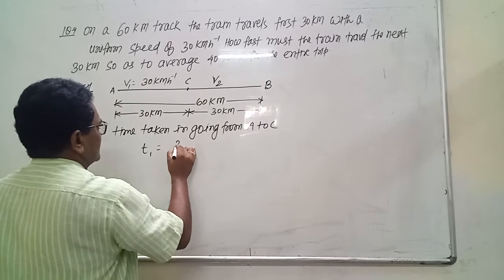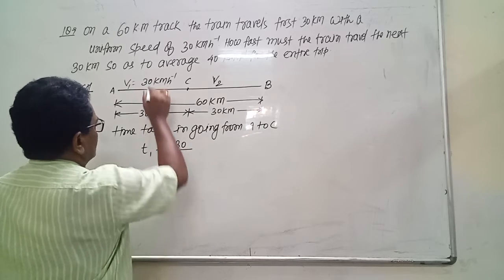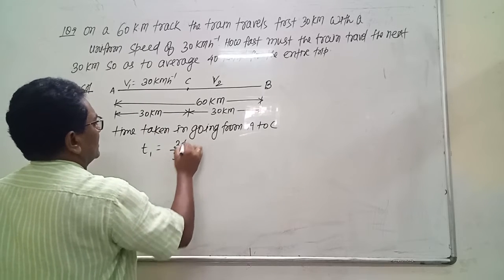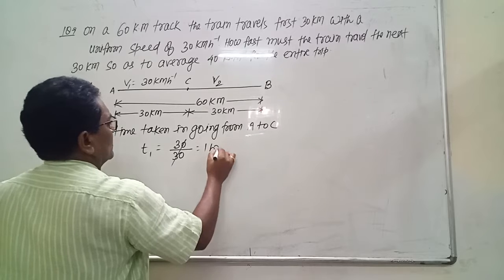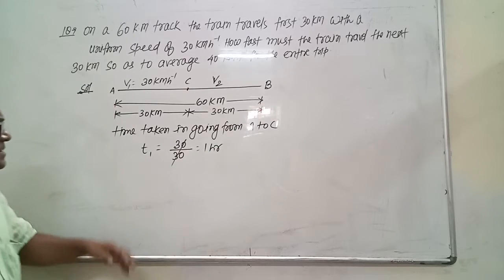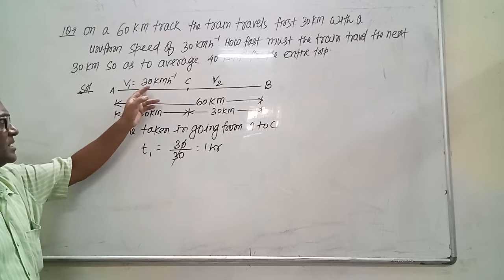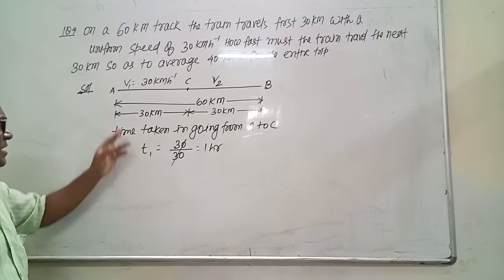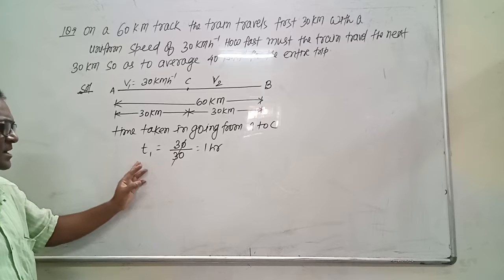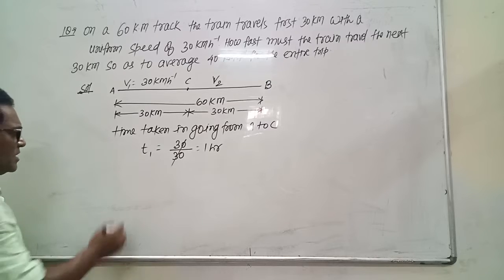The distance AC is 30 and the speed is 30, so it becomes 1 hour. So the time taken by the train to go from A to C with the average speed of 30 km per hour and distance 30 km will be 1 hour.